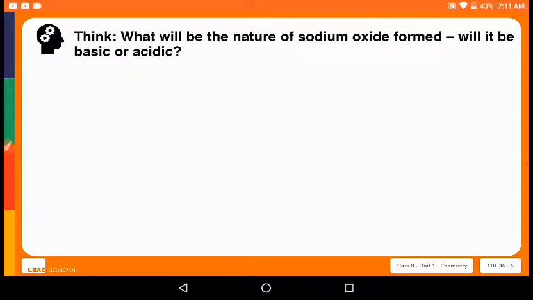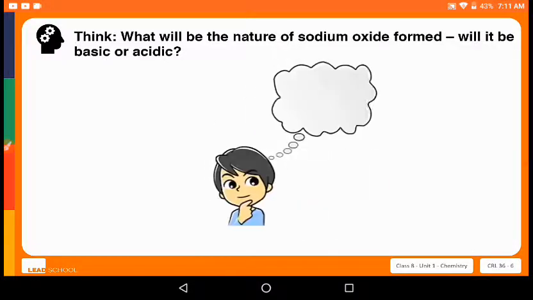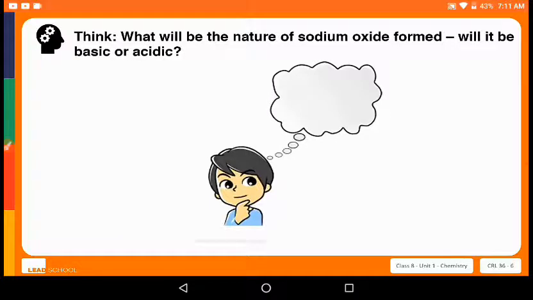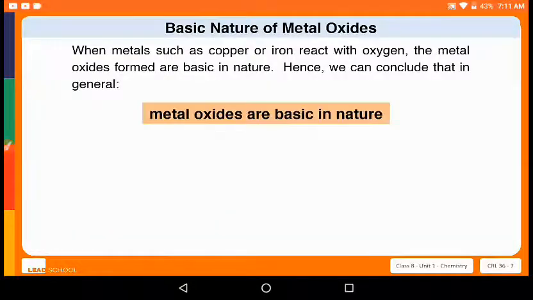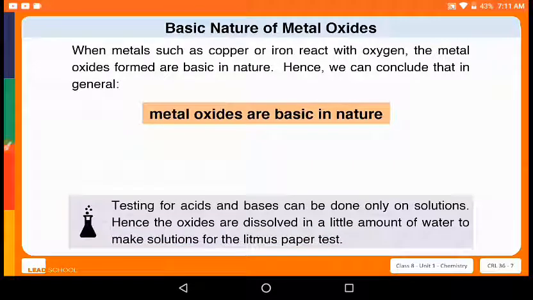What do you think will be the nature of sodium oxide? Will it be basic or acidic? Sodium oxide is also basic in nature. In general, we can say that metal oxides are basic in nature. Testing for acids and bases can only be done on solutions.